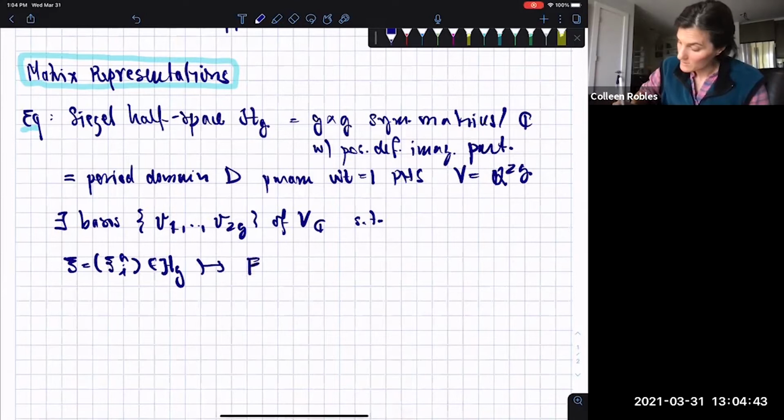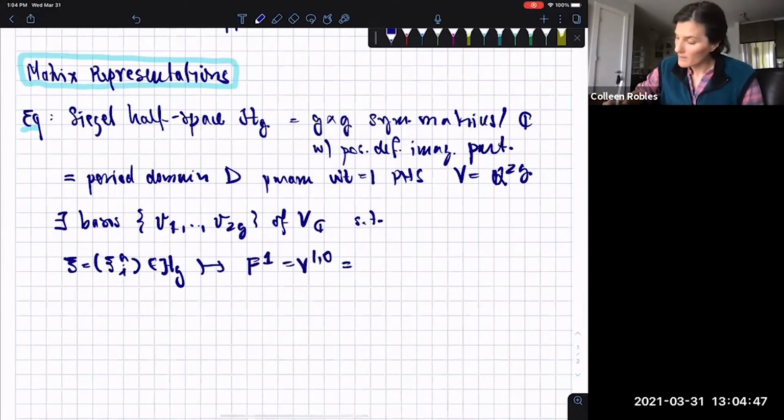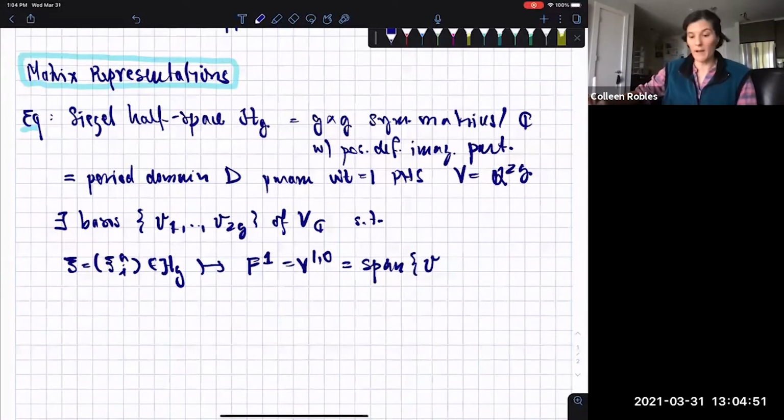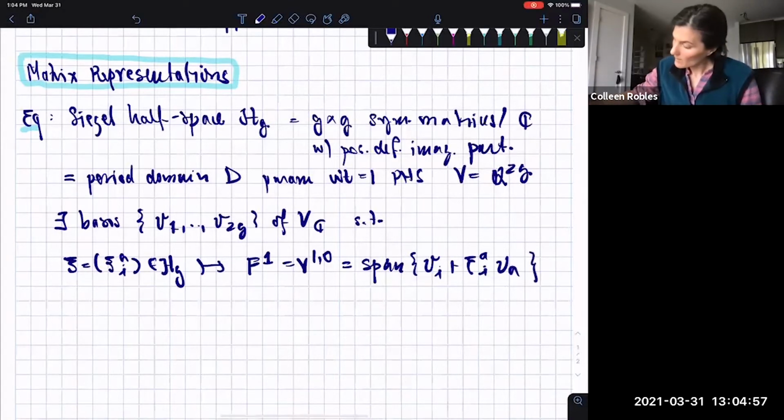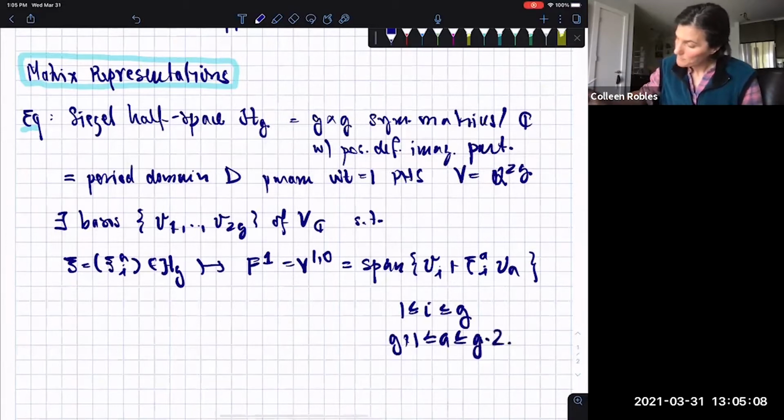So it sends it to F^1, which will be V^{1,0}, and it's spanned by v_i plus Ω_{ia} v_a, where here i runs from 1 to g and a runs over the rest of the indices.